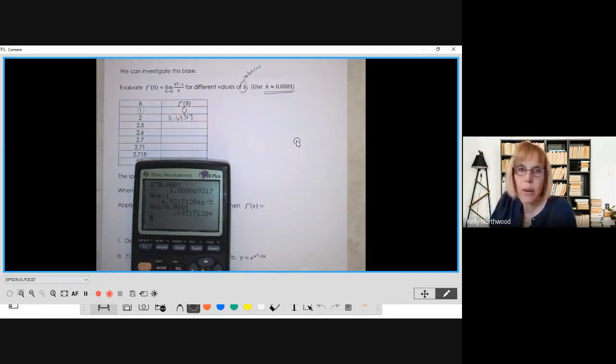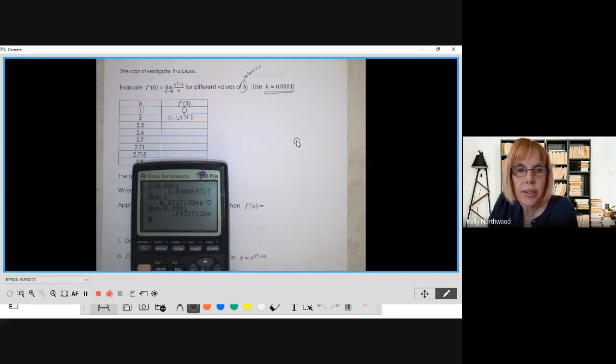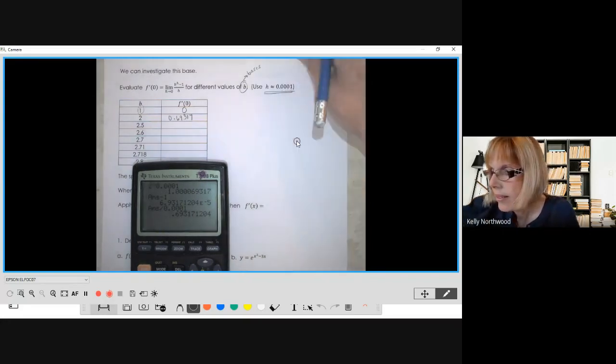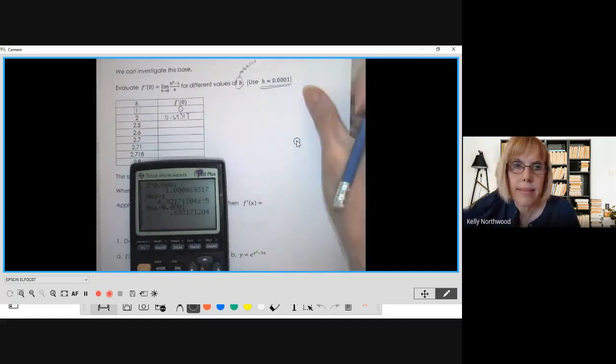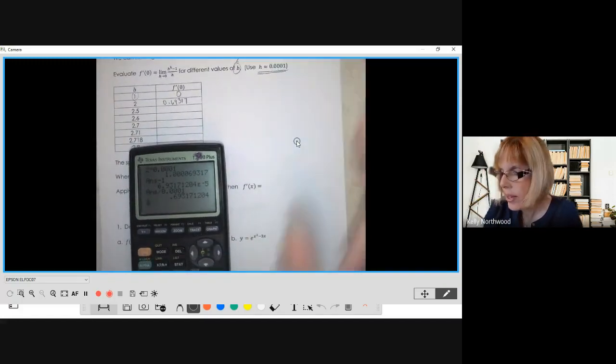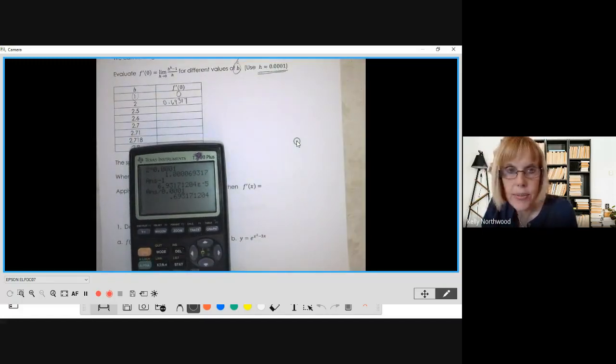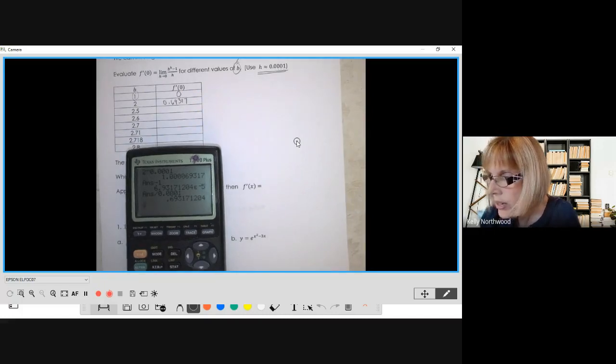And remember, I want to get 1. I want f prime of 0 to end up being 1, because then the derivative is just e to the x for that fortunate base. So now we're going to try the base being 2.5. So 2.5 to the exponent 0.0001 equals minus 1 equals divided by 0.0001.